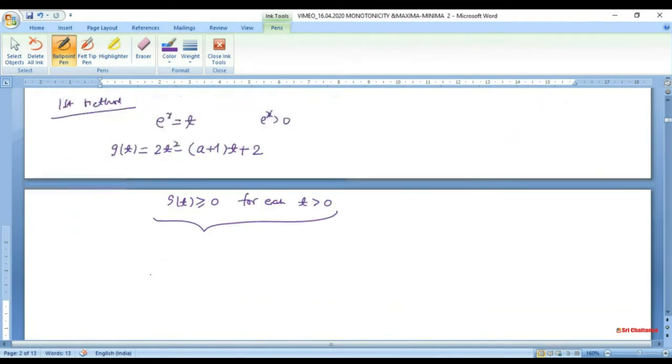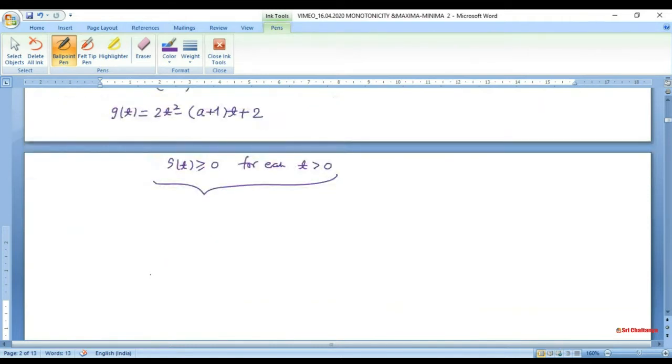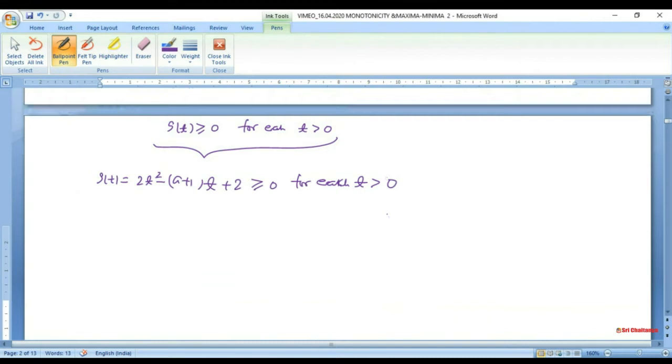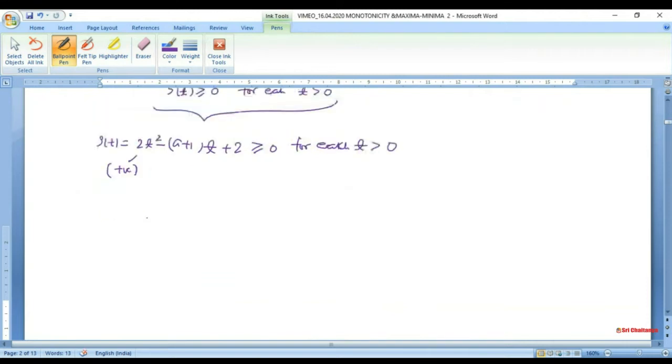In location of roots, we do it like this. We write g of t is 2t square minus (a plus 1) times t plus 2, and you want this greater than or equal to 0 for each t greater than 0. Anyway, the leading coefficient is positive, so the parabola opens upwards.